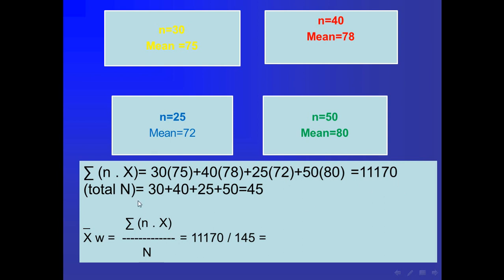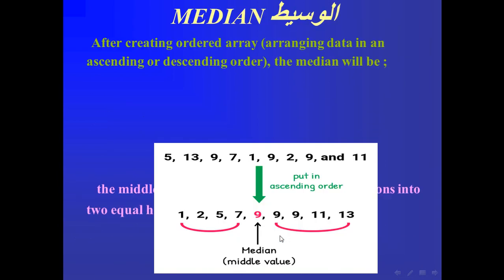And then the total n equals the students in all four classes, and it is 147. This is wrong, here we have to add 1, 147, and the weighted mean is equal to 77.03, as we mentioned before.